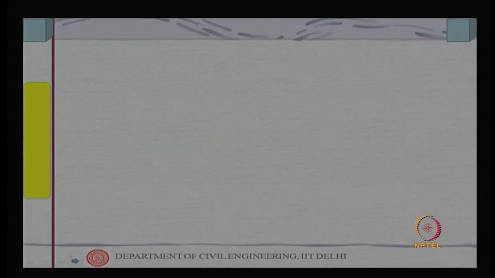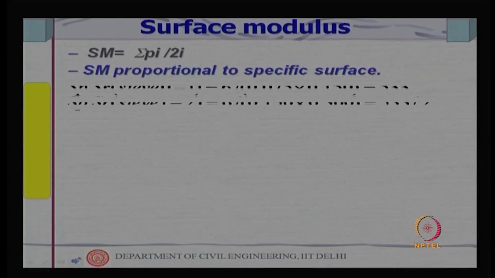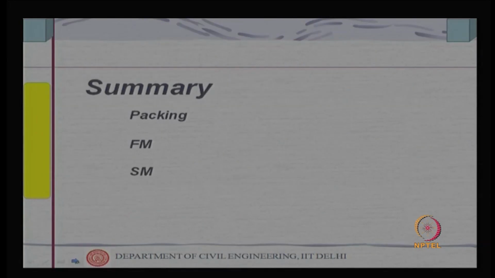Therefore, we can summarize today's discussion: what we have discussed is essentially packing. Fineness modulus and surface modulus we have just started, and next class we will look into this.